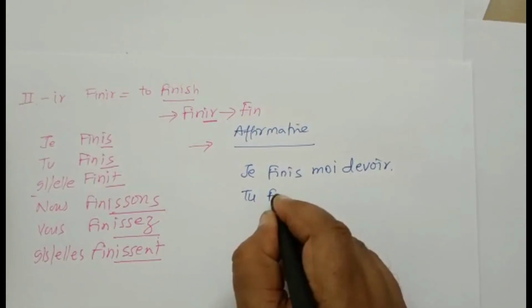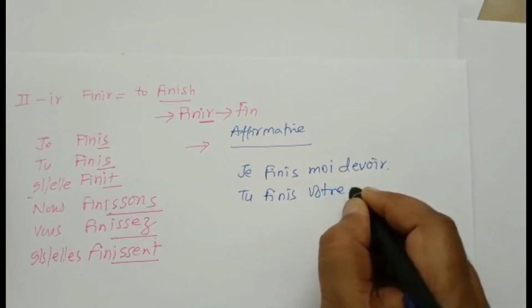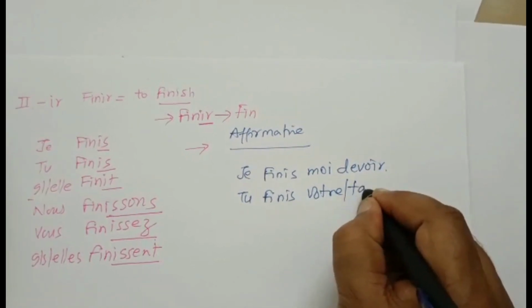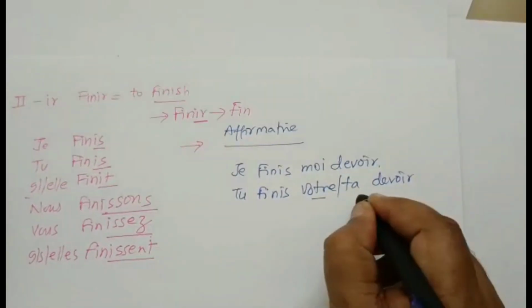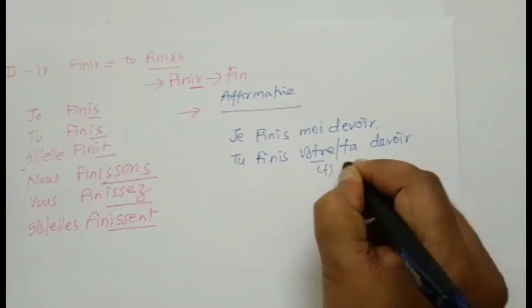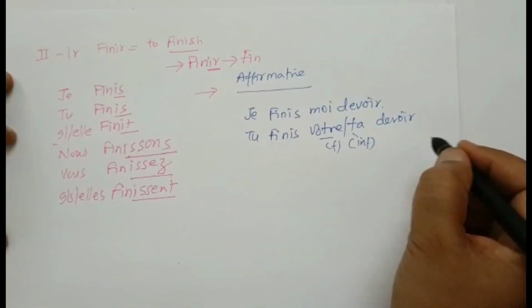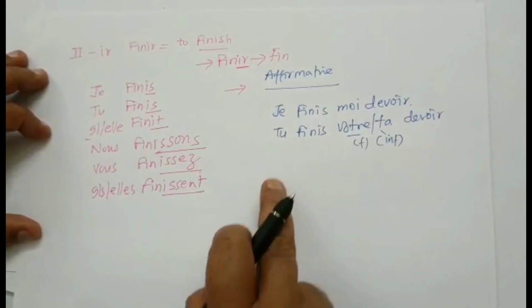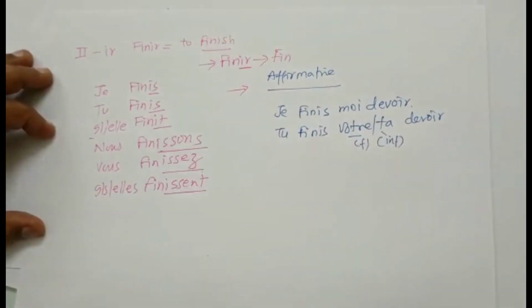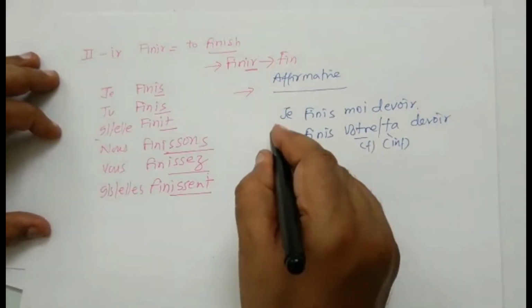Tu finis votre or ton devoir, whatever it is. Votre is yours, it is in the formal case, and ton is in the informal case. I finish my homework. You finish your homework, or you finish yours, as a homework, as a little meaning.